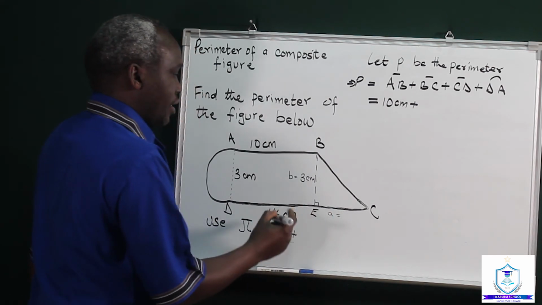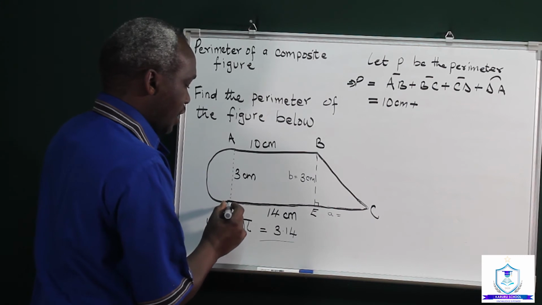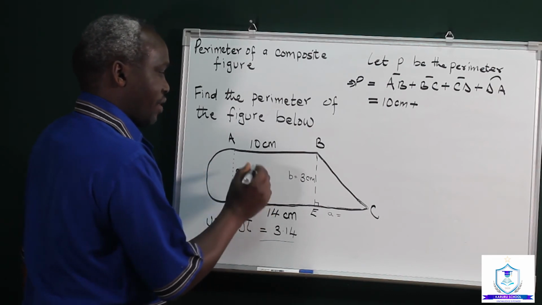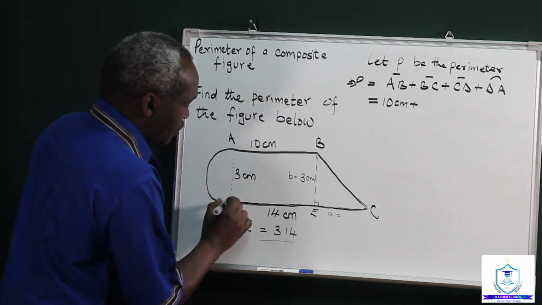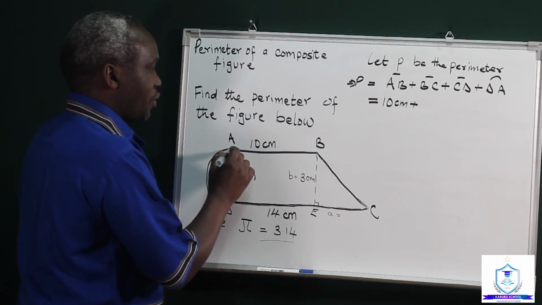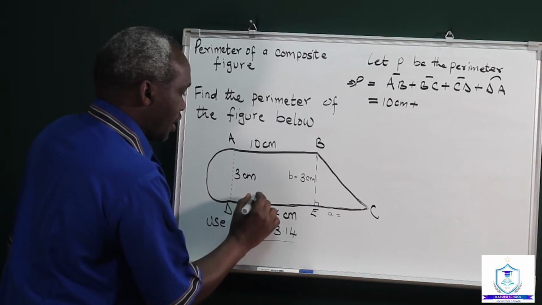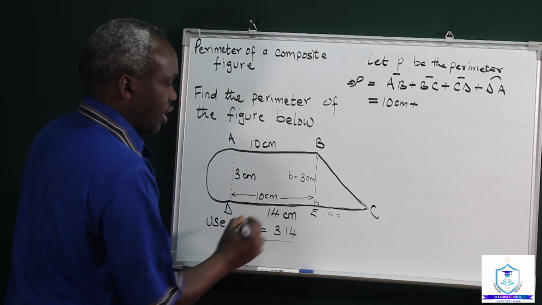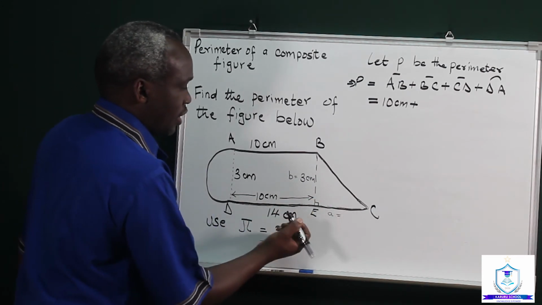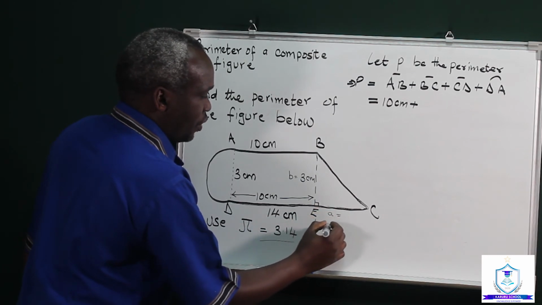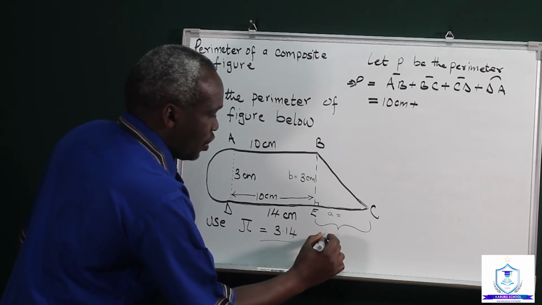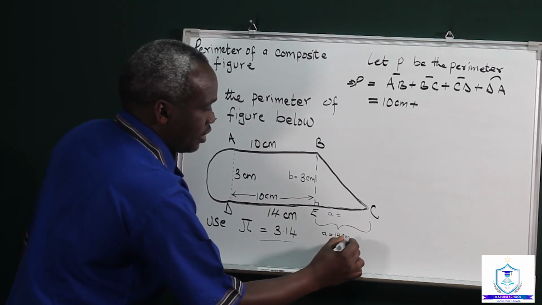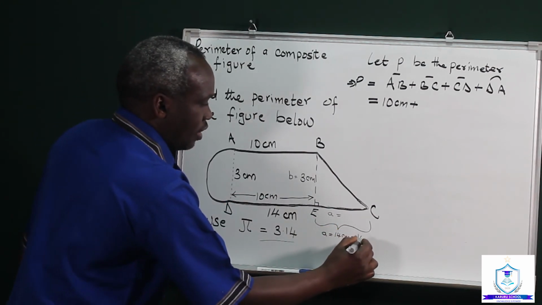And this will be given by finding the difference between the length D and C and the length A and B, since if this is a rectangle, we know that two opposite sides of the rectangle are equal, and as such the distance between point D and E is equivalent to the distance between point A and B. So this distance becomes 10 centimeters up to that point, and the difference between these two distances will give us the remaining distance between point E and C. So A would be given by the entire distance, which is 14 centimeters, minus the known distance, which is 10 centimeters.